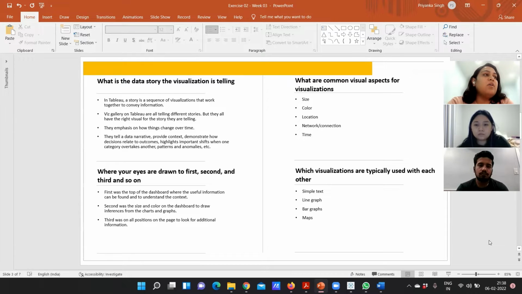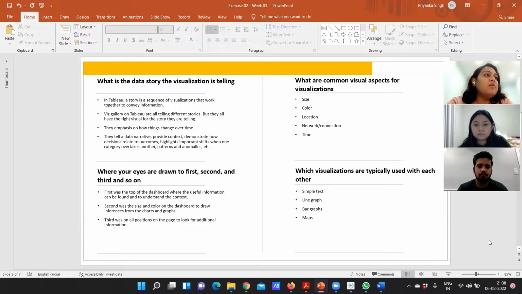They emphasize how things change over time, and they tell data narratives, provide context, demonstrate how decisions relate to outcomes, and highlight important shifts, where one category overtakes another, patterns and anomalies.